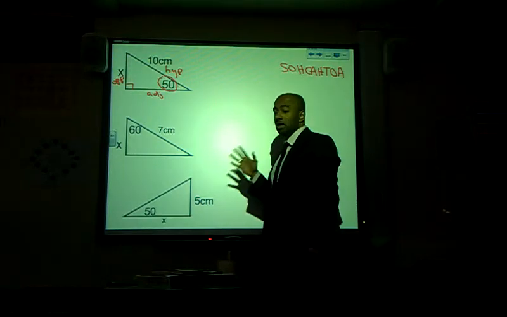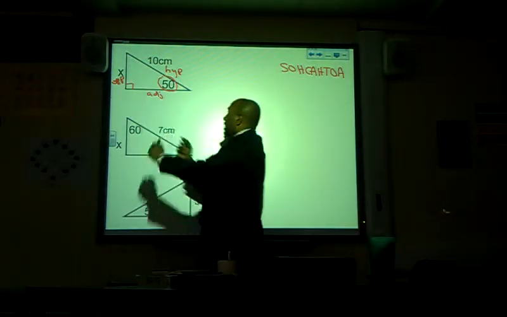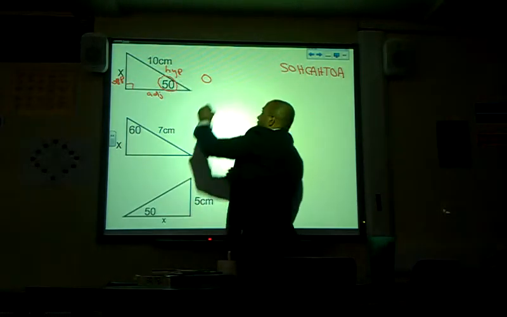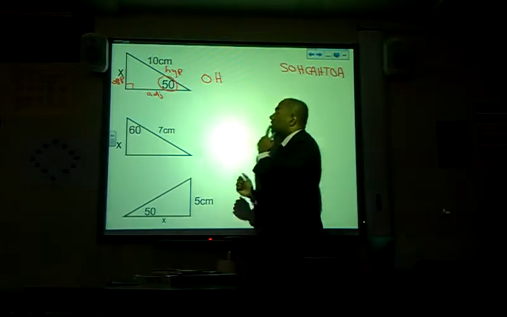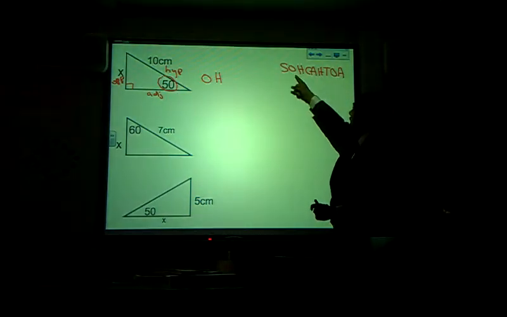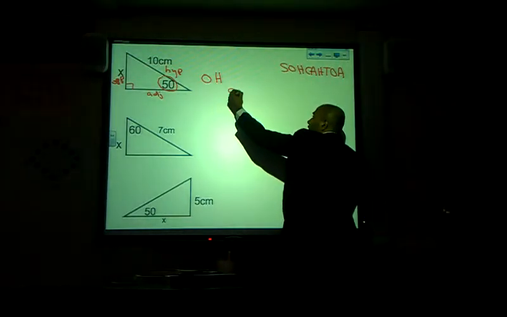So now let's look at the information we've been given. We're asked to find the opposite, and we've been given the hypotenuse, h. Where do I see O and H appearing here? It's with the S. The S stands for the sine.